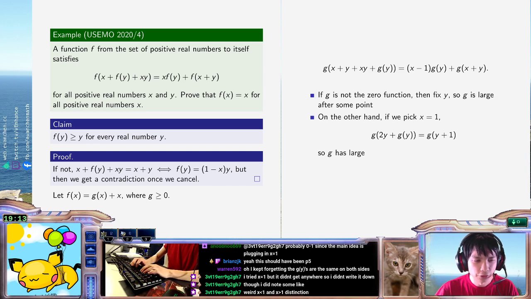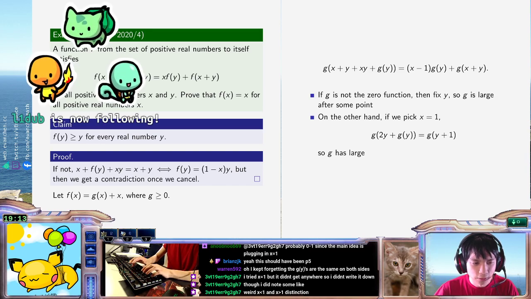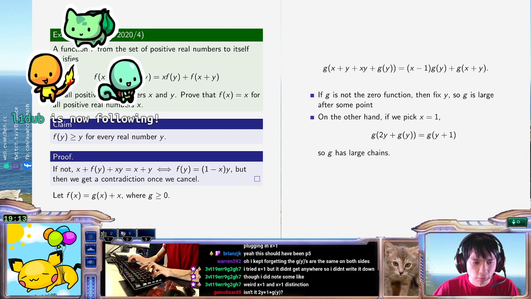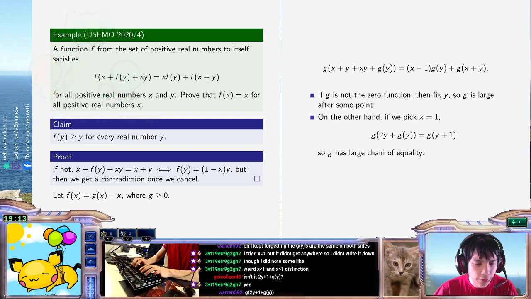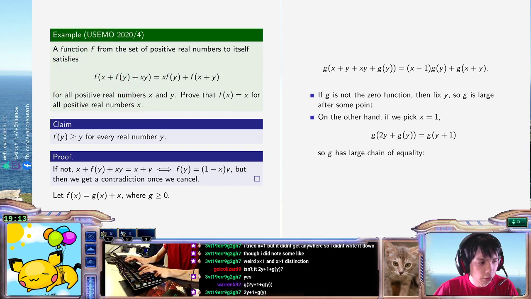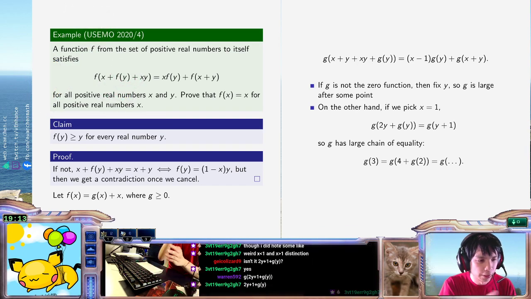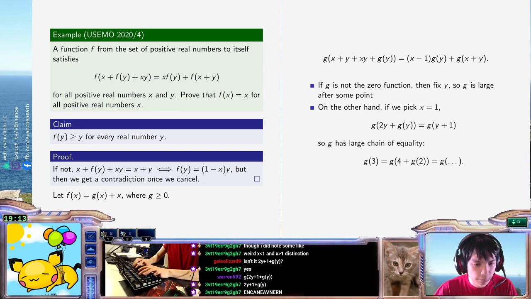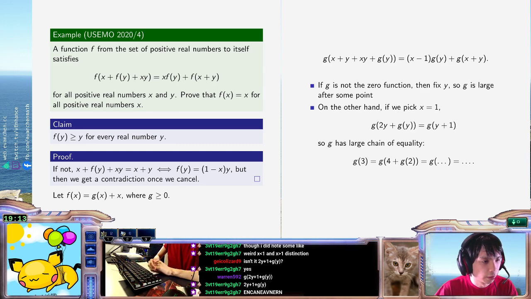So g has large chains. I'll call it large chains. For example, g(3) is equal to g(4) plus g(2), and then this is g of some other garbage. You keep iterating it, and you'll get a big chain of things that looks like this. I picked 3 as an arbitrary starting value.